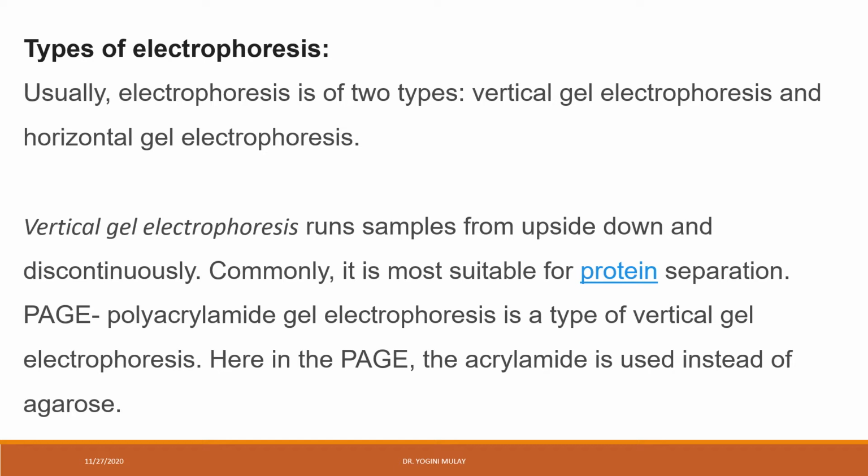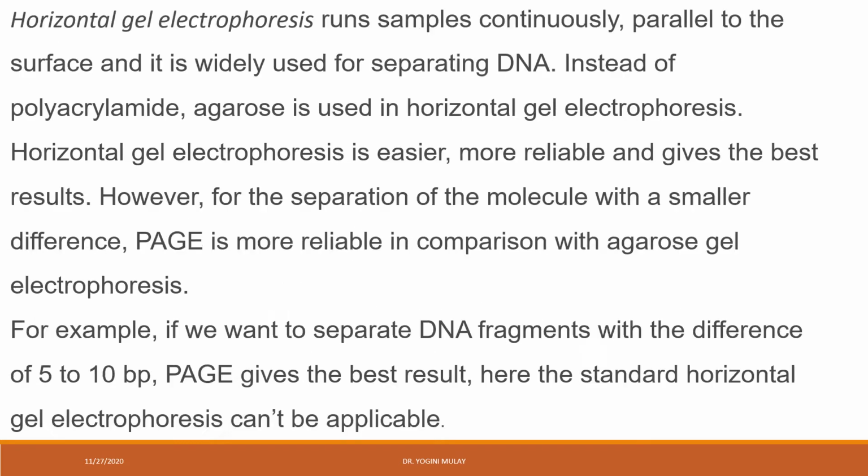The sample moves downwards, and this is basically used for the separation of protein samples, and here the gel is made of PAGE, polyacrylamide gel, and instead of agarose, acrylamide is used.